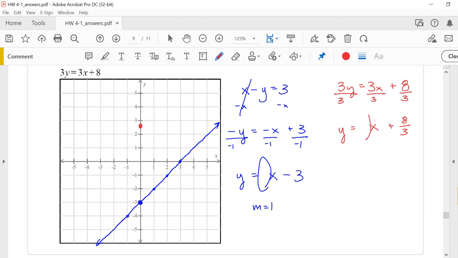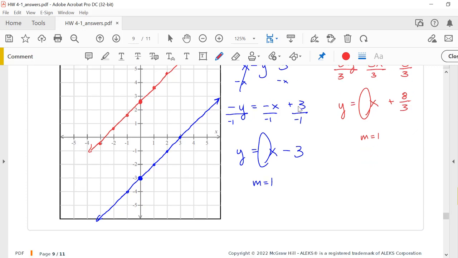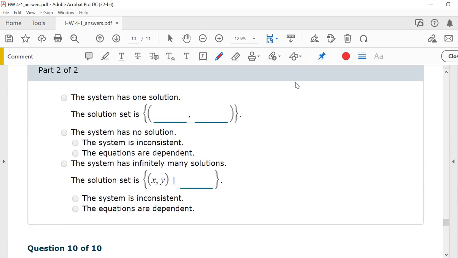And my slope is also 1. These two lines have the same slope, which means that they are parallel lines, which means that they will never intersect. There is no solution. It's an inconsistent system.